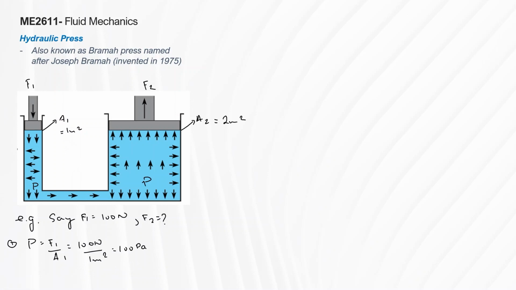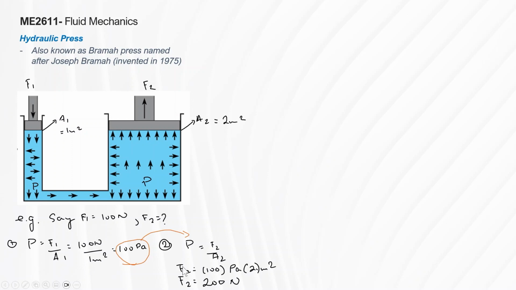Okay, it's easy. But per Pascal's law, the pressure being experienced here should be the same and transferred across here. So we can equate the equation just like so. Basically, this is force 2 divided by area 2. Area 2 is 2 meters squared.